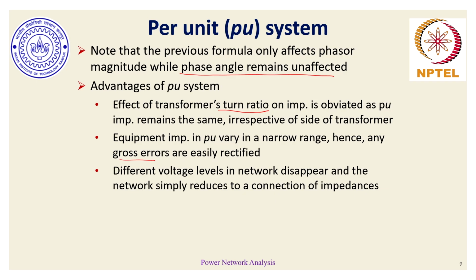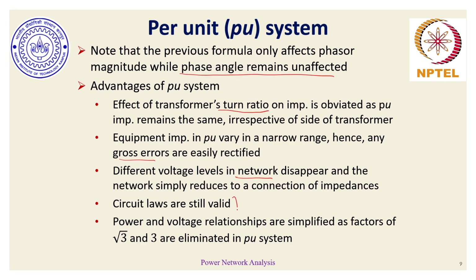Different voltage levels in different parts of the network, generators operating at few tens of kVs, transformers operating at high voltages, loads operating at very low voltages, all those different voltage levels are simply removed. The entire network in per unit sense appears to be operating at a common voltage level.